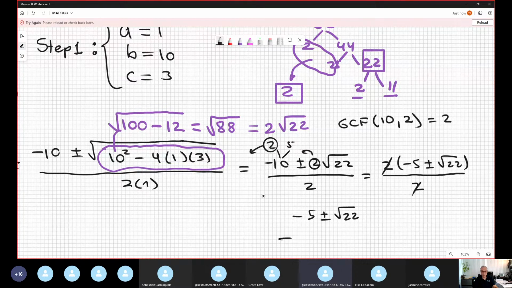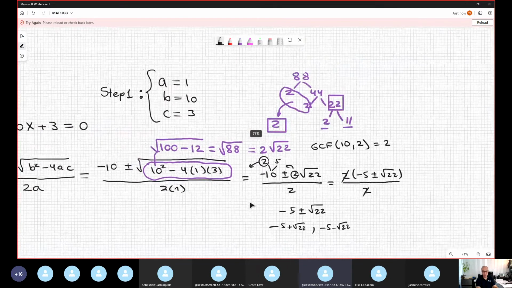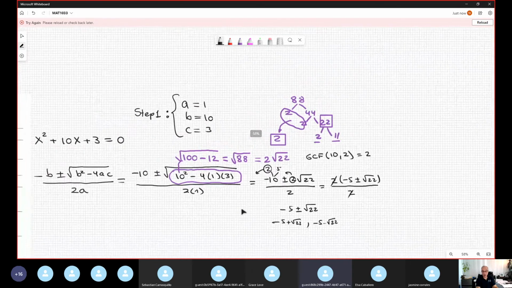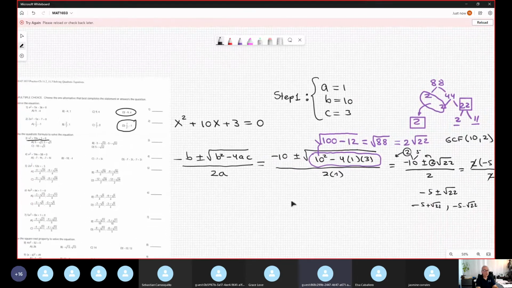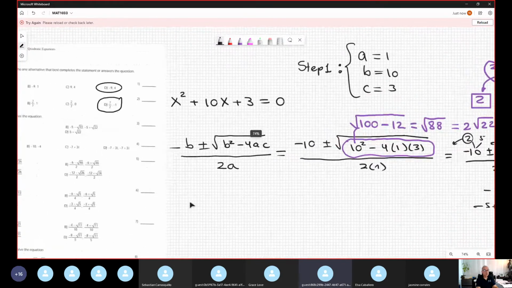Because it's minus 5 plus radical 22, comma, and you put like that, minus 5 minus radical 22. Both solutions are real, but irrational. You know they're real because you have no i, no imaginary. Therefore, it's negative 5 plus or minus radical 22. Option B. Option B. Cool?